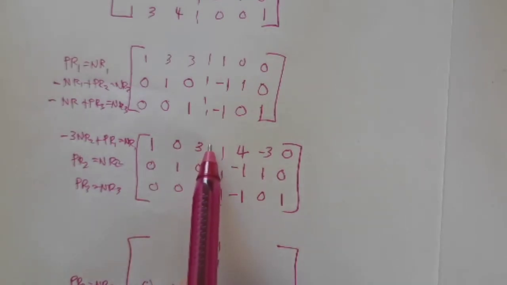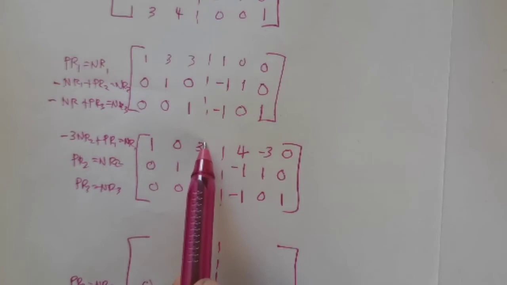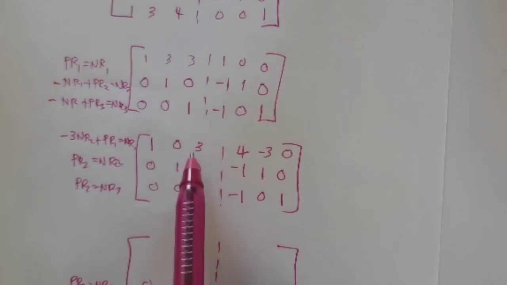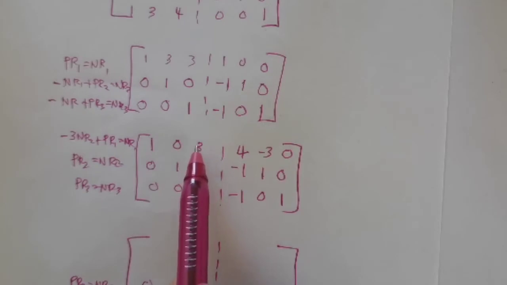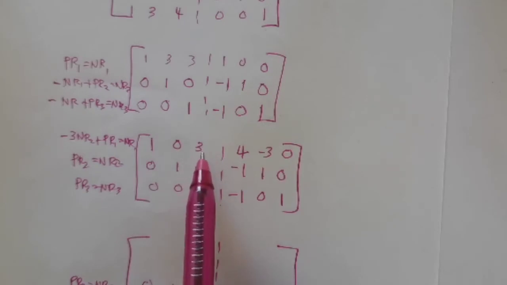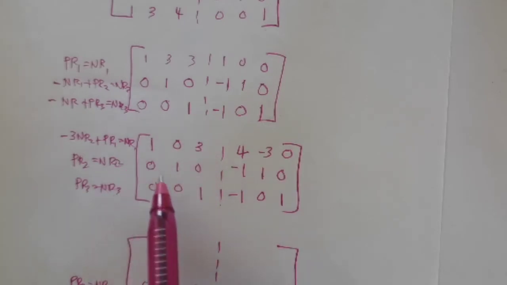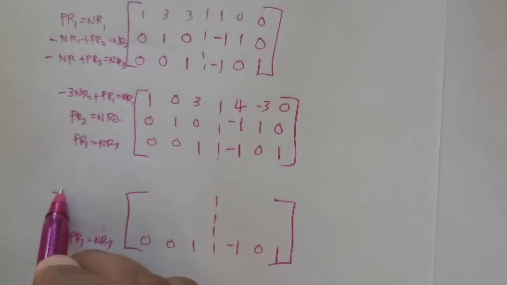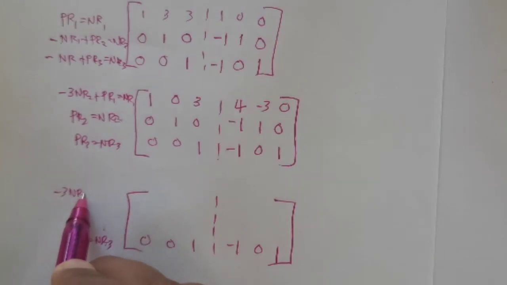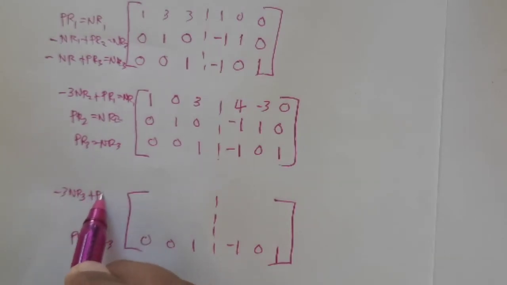Then as you can see, the previous entry for row 1 is 3. So we need to turn this 3 to 0. And the same, we need to multiply negative 3 to new row 3, then add to previous row 1. So we have negative 3 times new row 3 plus previous row 1.